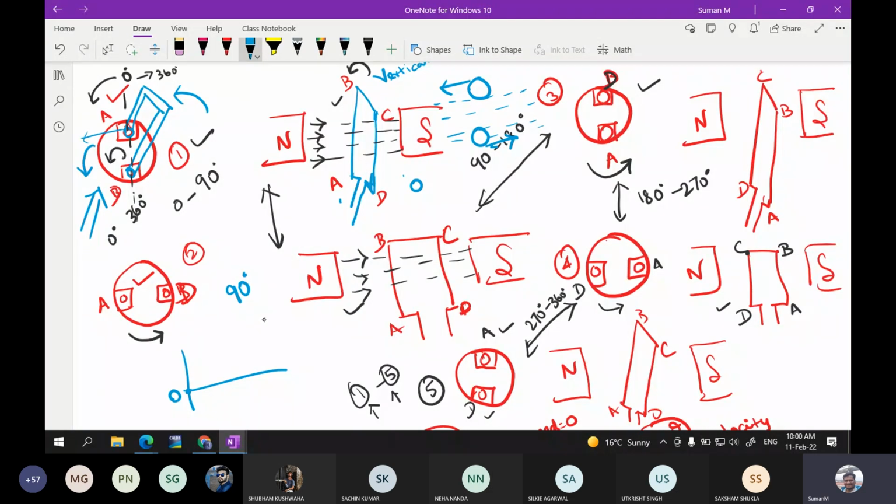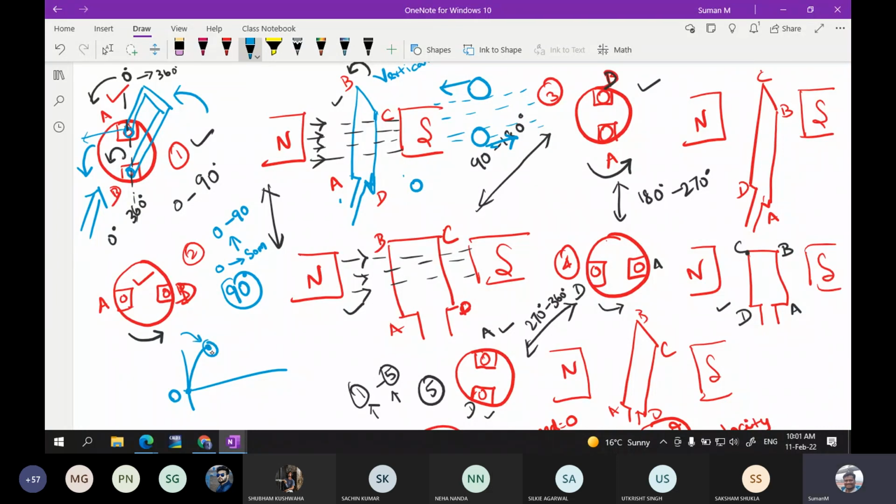So between 0 and 90, the EMF induced is going to increase from 0 to some value, and at 90 degrees it is going to have the peak value. So based on this, the EMF induced will come somewhat like this. I'm considering it as positive, and why I'm considering it positive I will tell later. You can see that the EMF will be increasing like this, and then at 90 degrees the EMF induced will become maximum.